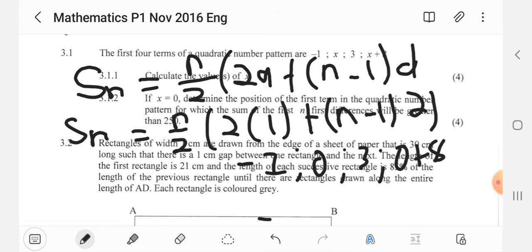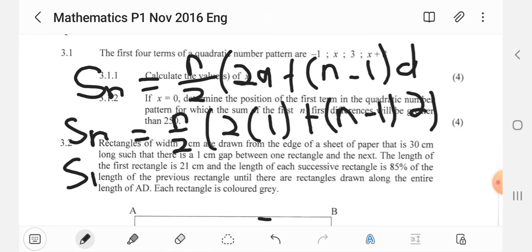So 0 minus negative 1 gives us 1. And then 3 minus 0 is 3. 0 plus 8 minus 3 gives us 5. So those are the differences that I'm talking about. And now we have to solve for n.